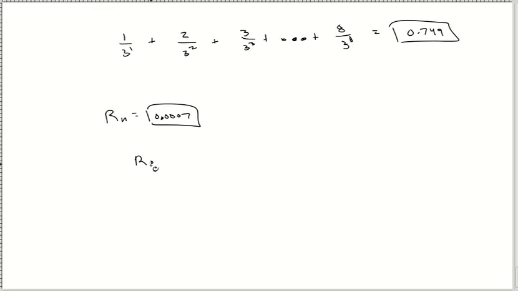R sub 8, which is what we're trying to find, is less than or equal to a sub 9 divided by 1 minus r, where the ratio is a sub 10 over a sub 9.